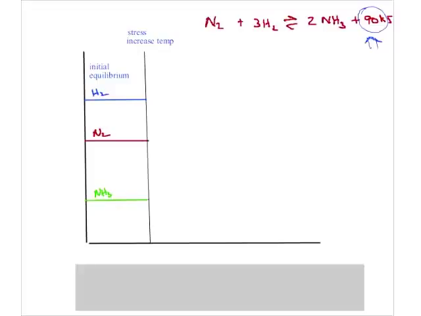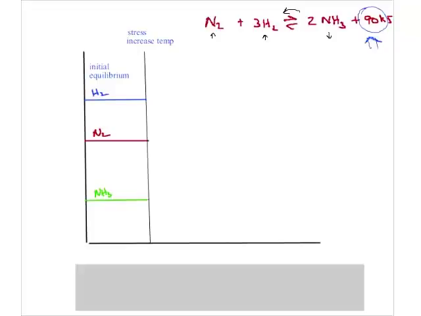And by making the energy much bigger, this system is going to want to shift away from it, get rid of that energy. The consequences of shifting away is that NH3 drops, hydrogen will go up, and nitrogen will go up. So from a graphical perspective here, what we're going to see is exactly what we just described.